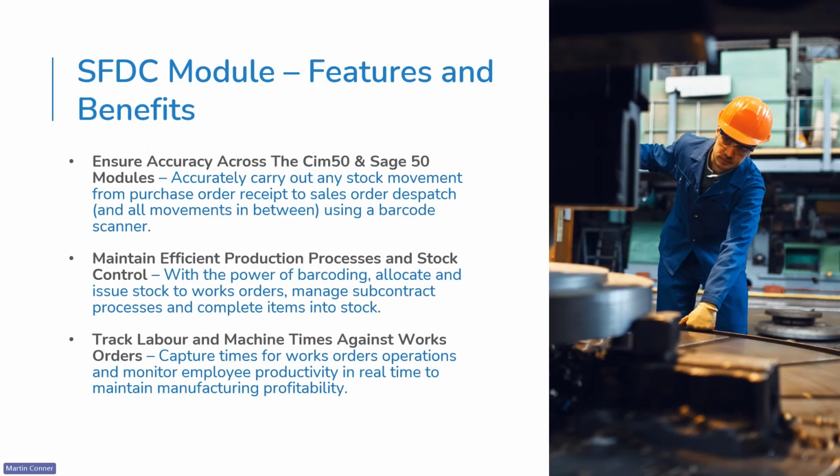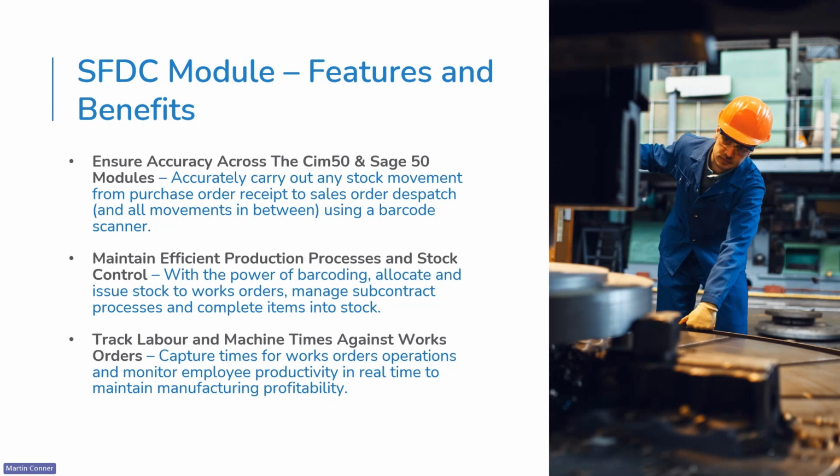So, more about the shop floor data capture module. What we're basically doing is allowing you to carry out any stock movement, as I said, across Cim50 and Sage 50. So receiving goods, dispatching goods, issuing to works orders, stock takes, as well as being able to process your production efficiently.